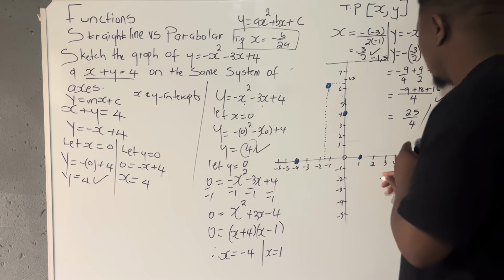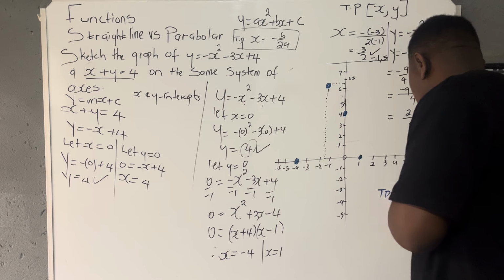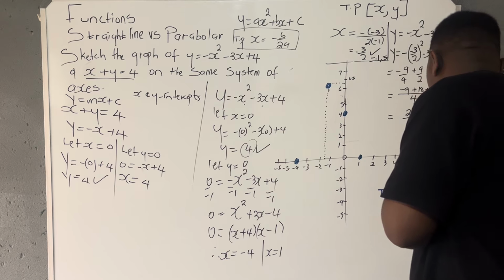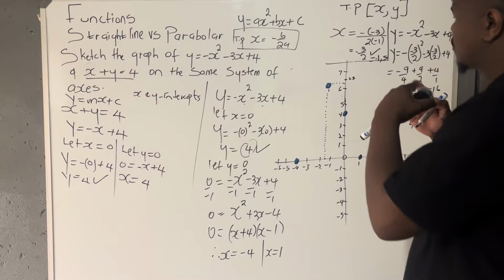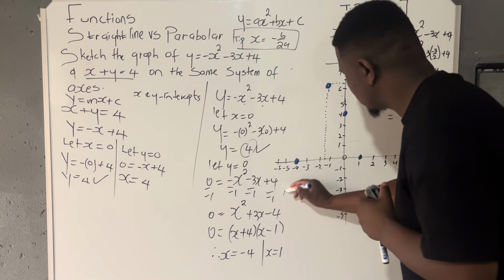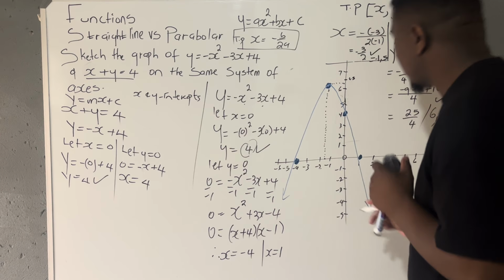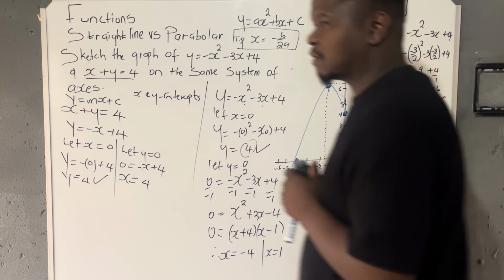So the coordinate of the turning point is negative 1.5 and 6.25. This is where they meet. Now this is the graph. You can see.